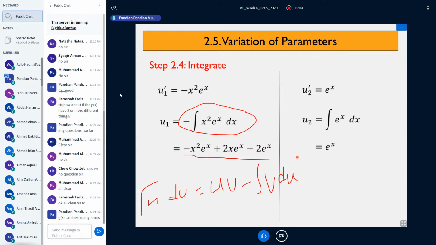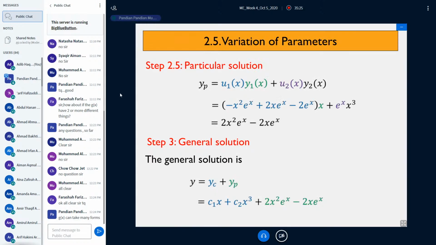Now u2 is the integration of e^x dx. This is very easy because it is a single term e^x, so you just integrate e^x. Only u1 needs integration by parts, because it has x squared. Now you already have u1, you already have u2. Plug inside this yp, u1(x) y1(x) plus u2(x) y2(x).